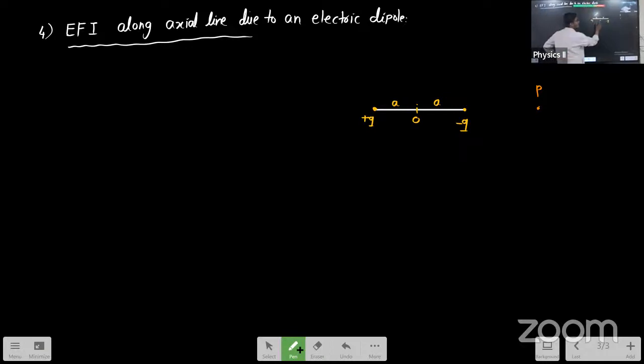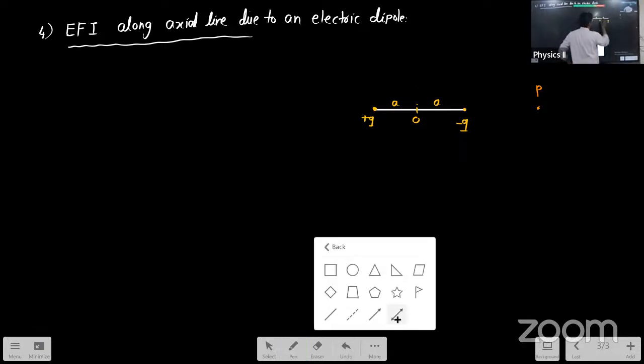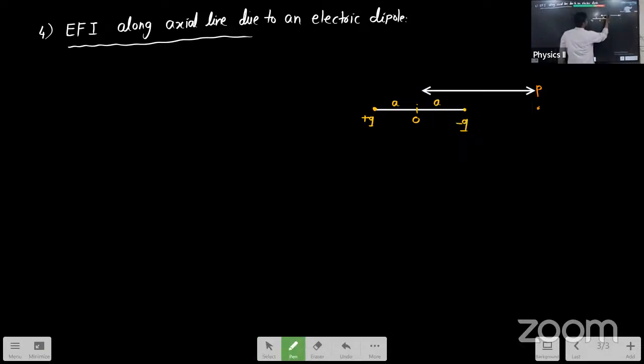So there is an electric dipole which is having plus q charge and minus q charge separated by a distance, how much? 2a. Now I have considered a point P which is at a distance of r from the center of the dipole.